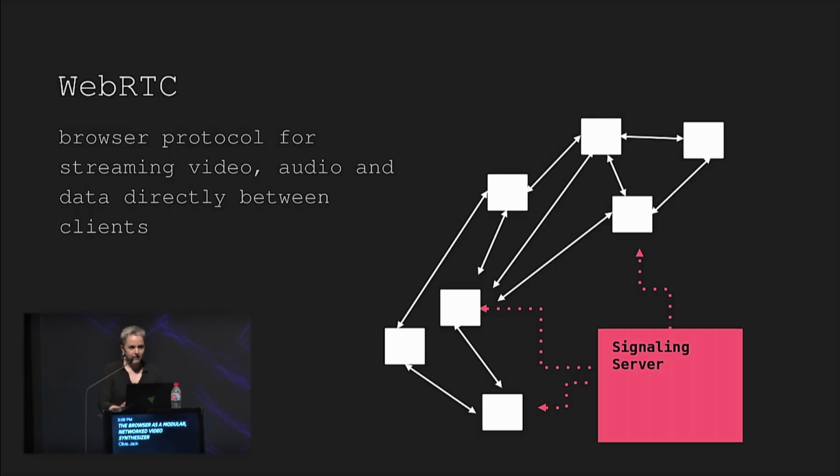About 4 or 5 years ago, I started experimenting with this protocol, making little video chat applications, and I was amazed that it's not that hard in JavaScript to send video everywhere.